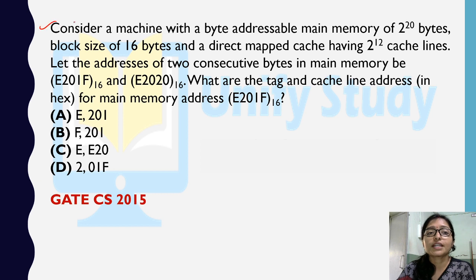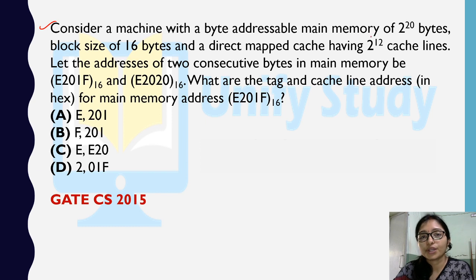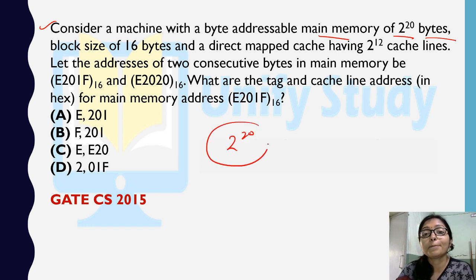The next question is: consider a machine with a byte addressable main memory of 2 to the power 20 byte. Here 2 to the power 20 byte is mentioned as memory, meaning the physical address is 2 to the power 20 byte addressable.